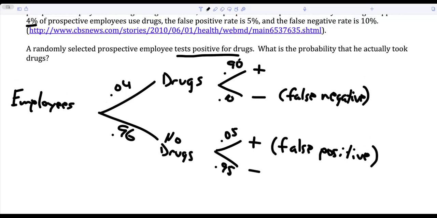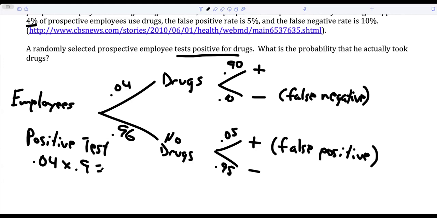So what's the probability of a positive test? Well, there's two different outcomes where they have a positive test. Right here and right here. So given the fact that this is a conditional probability, I'm going to multiply 0.04 times 0.9.